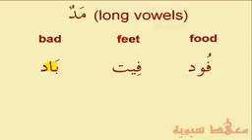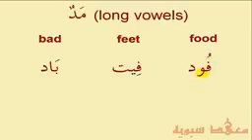And that's where we get the A sound, the elongation there, the long vowel. Similarly, here we have a kasra, and then following it is the ya. So it's a E sound. And finally, we have here a dhamma, followed by the waw. So it's a U sound.